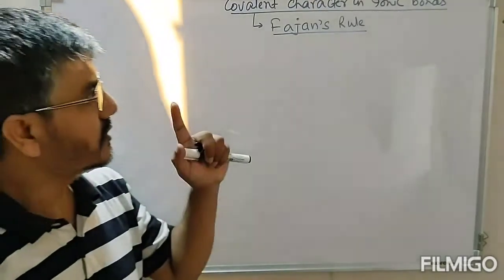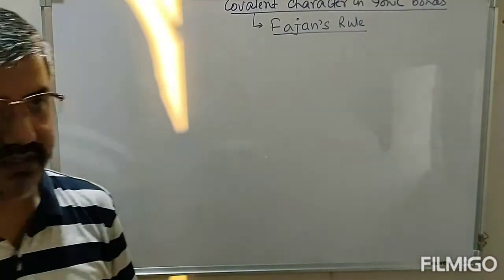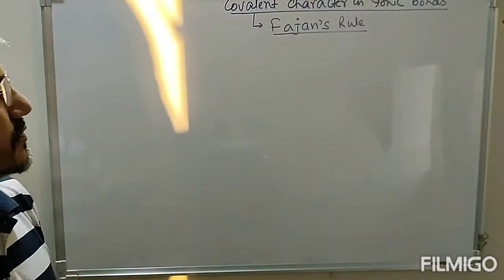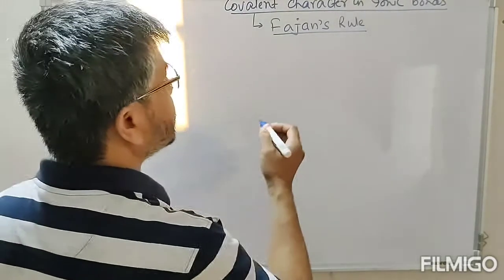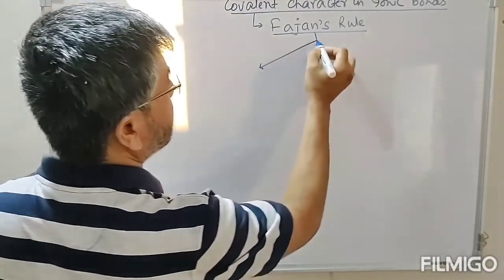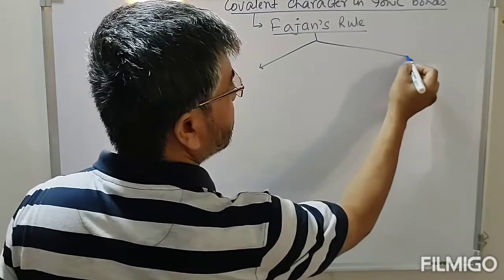So we are discussing what Fajan's rule is, and by use of this Fajan's rule we are going to compare the covalent character in different ionic compounds. Now this Fajan's rule basically consists of two components.